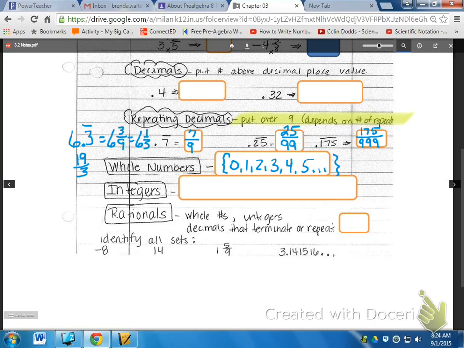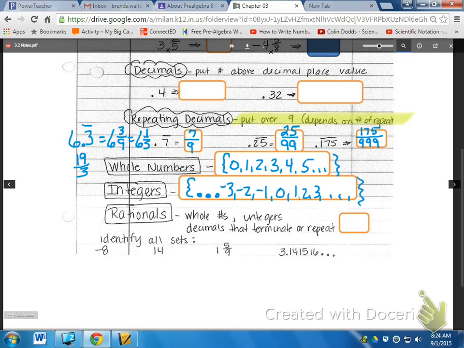Now, some of the whole numbers fit into the category of integers. So if you have a number that's a whole number, it's also an integer. And here's how integers go. First of all, integers start from negative infinity. They come from negative infinity, negative 3, negative 2, negative 1, 0, 1, 2, 3, and then it goes off to positive infinity.